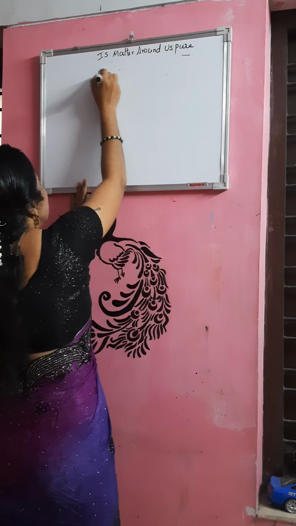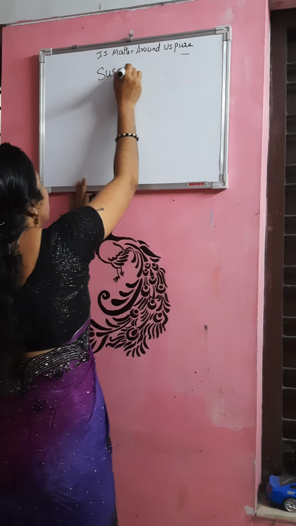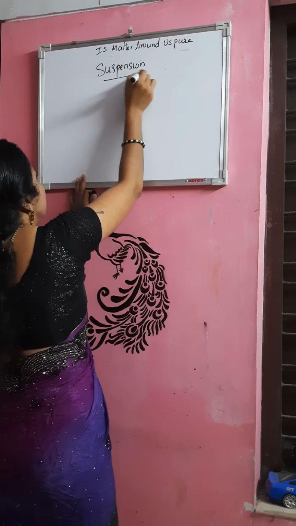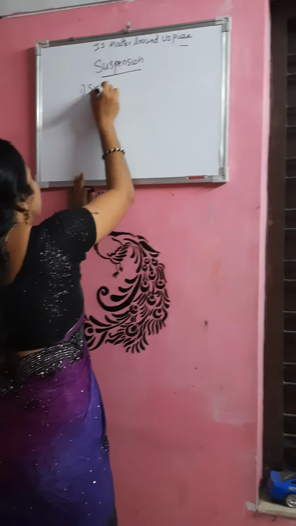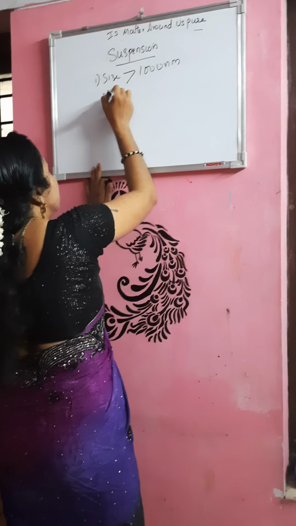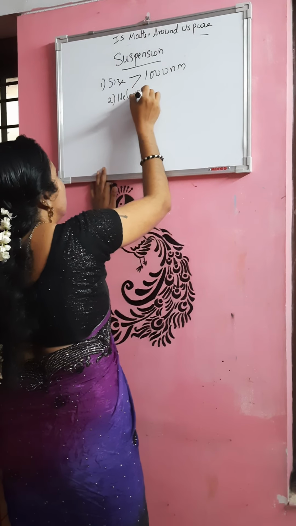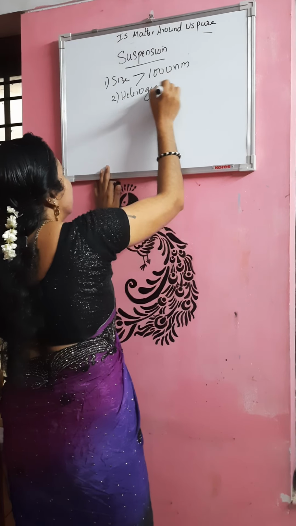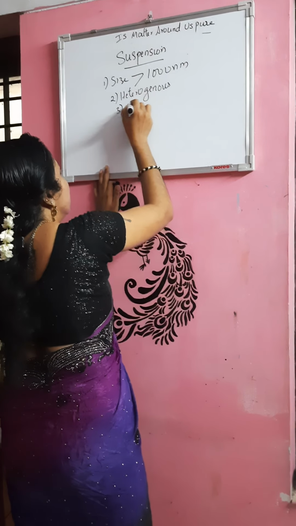First one, suspension: size greater than 1000 nanometer. Heterogeneous. Can scatter the light.